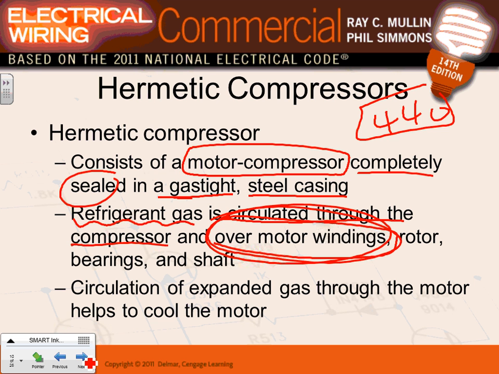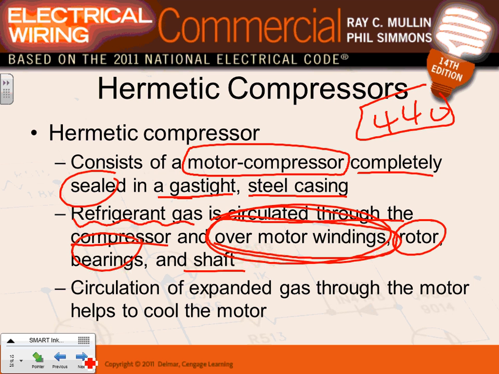If you can use the gas to cool the windings of a motor, you can overuse the motor. So long story short, these types of motors are horses. They can work much better than any other motor because they're cooled with refrigerant gas. And also the rotor, the bearings and the shaft. All these are being cooled as part of the process. Who cares? What matters, guys, is it makes a special type of motor that the NEC code book allocates a whole article about, 440. Can I have a thumbs up, Chad? That's all we care about.